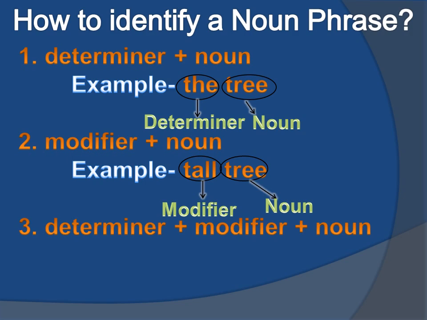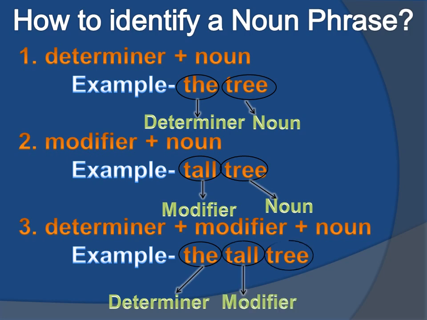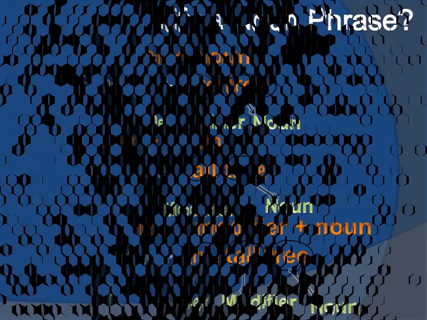Let's see an example. The tall tree. Here, the is a determiner, tall is a modifier and tree is a noun. Therefore, the tall tree is also a noun phrase. So, let's move further now.